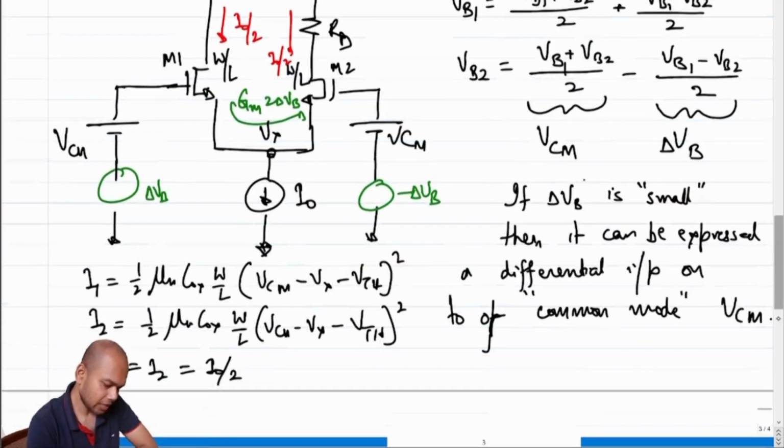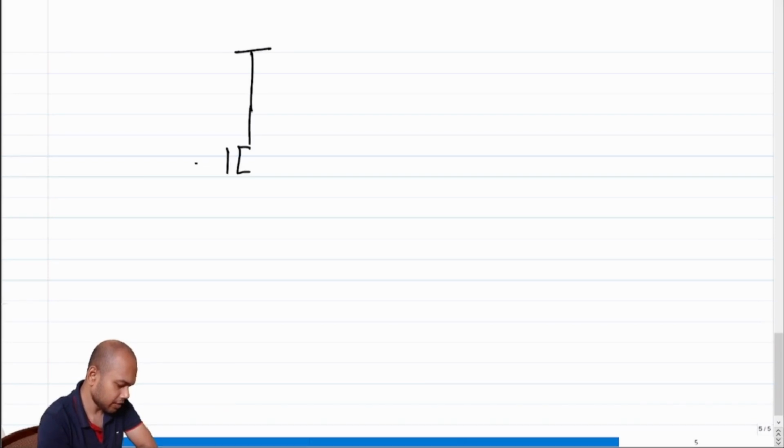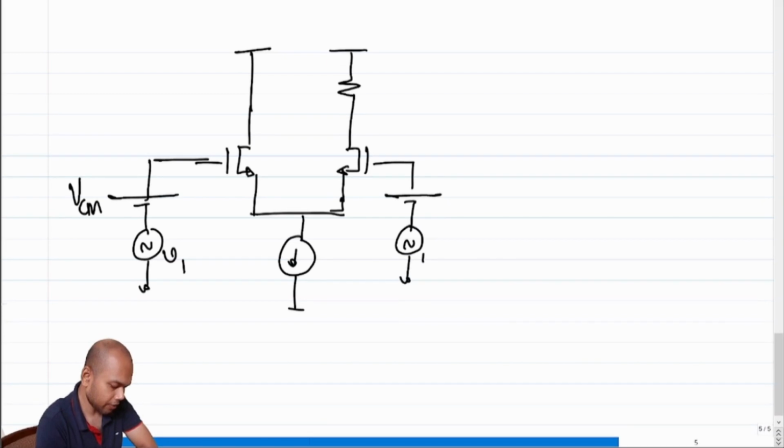Okay, fine. So in essence, the structure that we'll be dealing with from now on has the same bias. Let's call this VCM, and we'll have some input V1, and let's call this VCM also, and we'll have some input V2.